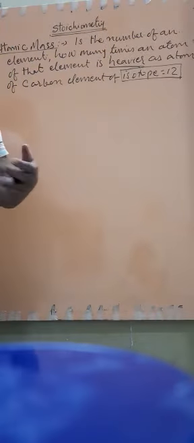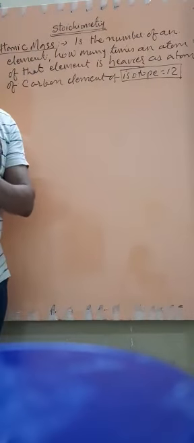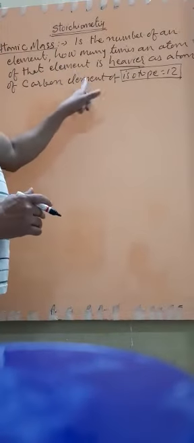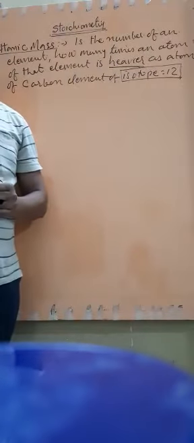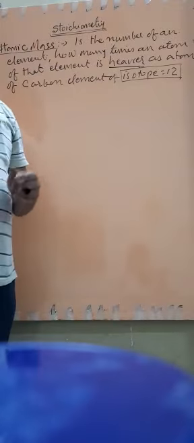So if we have to find the atomic mass of an element, we have to compare its atomic mass with the atomic mass of the carbon isotope 12. That is, how many times that element's atom is heavier compared to isotope 12.